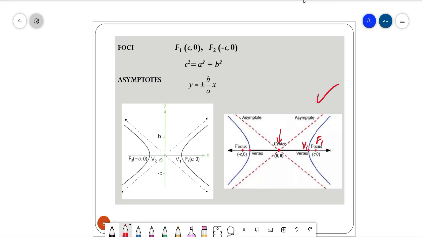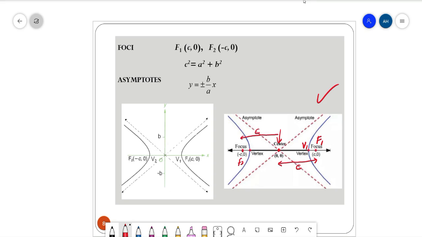That means the distance between the center and f1 is equal to c. The same thing happens on the left hand side. The distance between the center and focus number 2, our f2 here, is also c.